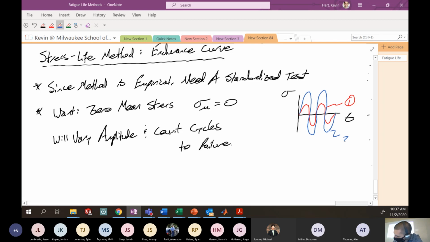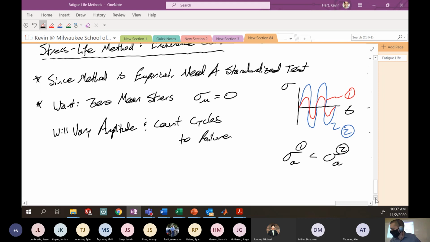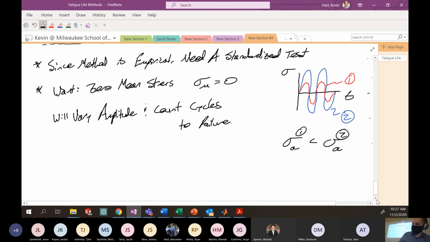This is test number 2, where obviously the stress amplitude for test number 1 is less than the stress amplitude for test number 2. Let's say the number of cycles to failure is given by capital N sub F. Number of cycles to failure, N sub F.